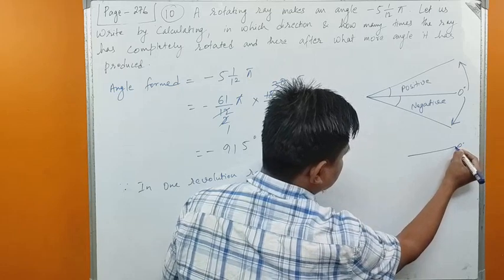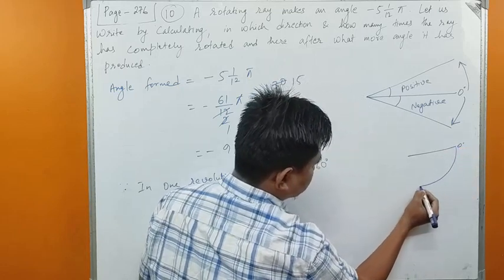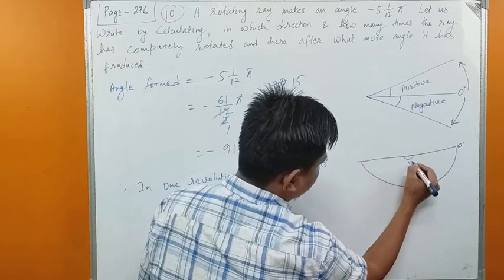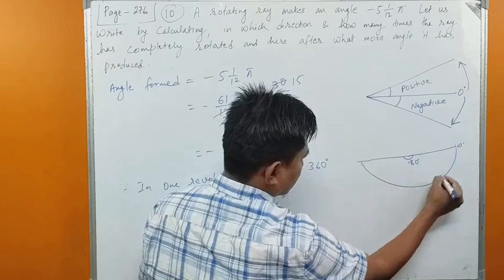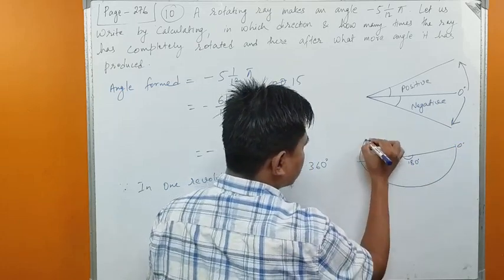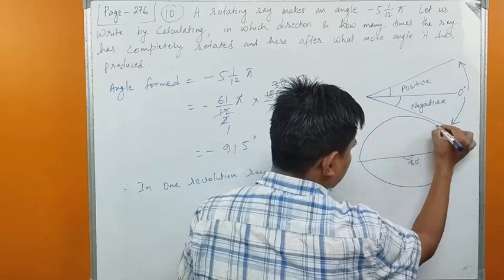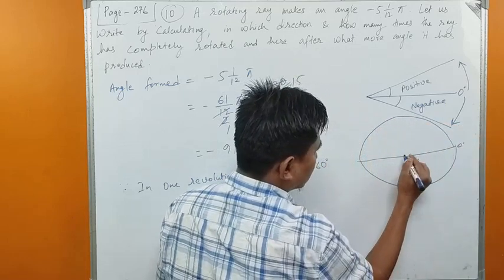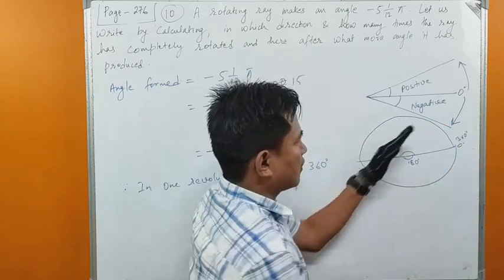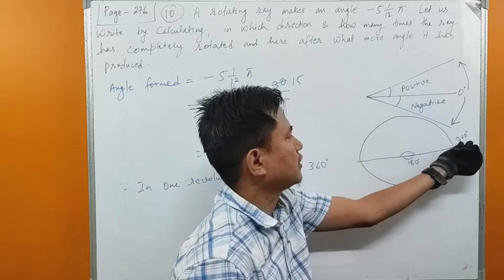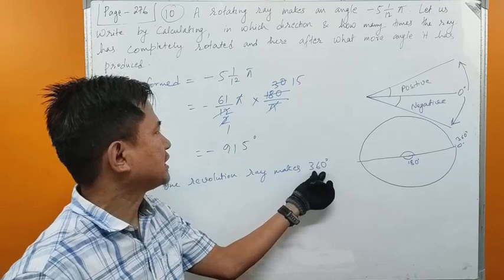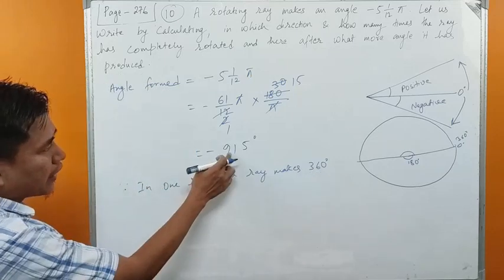Now if I rotate this ray up to here, this is 180 degrees, half a revolution. Now if I further move in the clockwise direction and come here, this 180 plus this 180 will give us 360 degrees. One complete revolution means 360 degrees. Therefore we have 915 degrees.